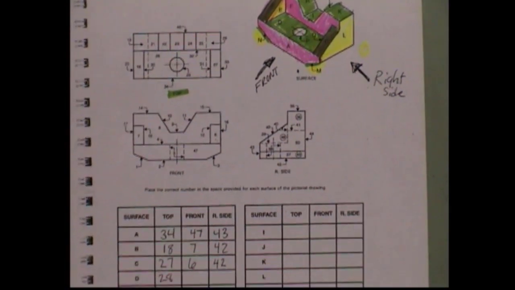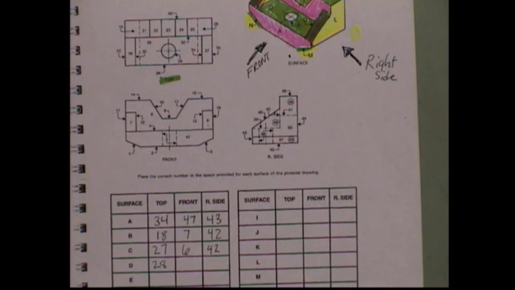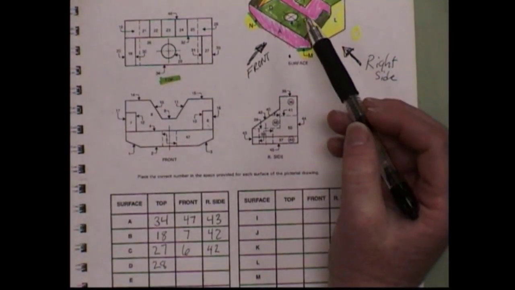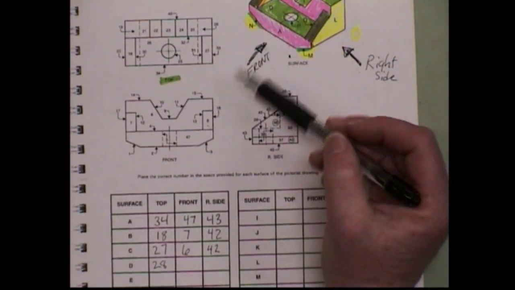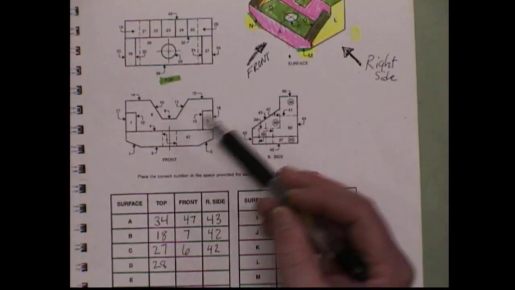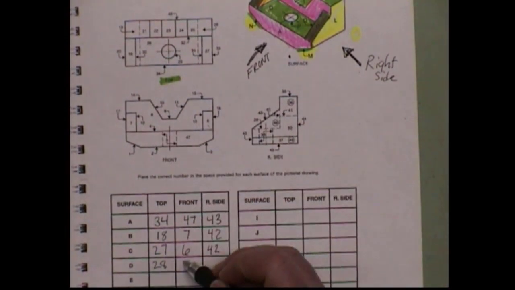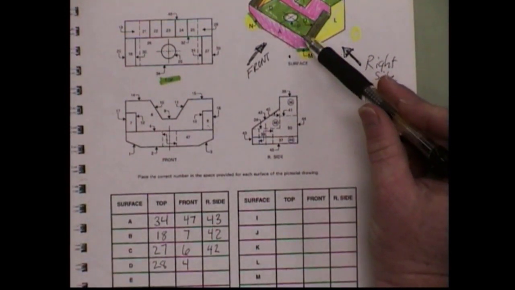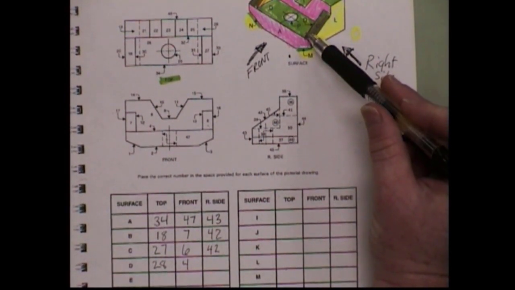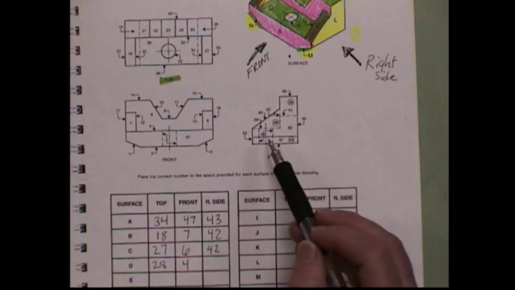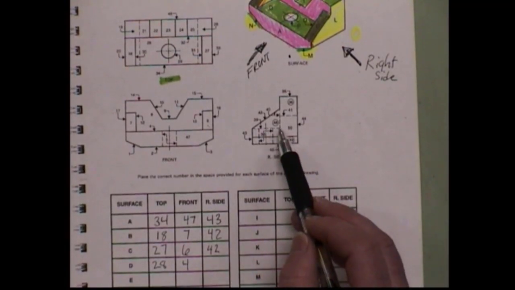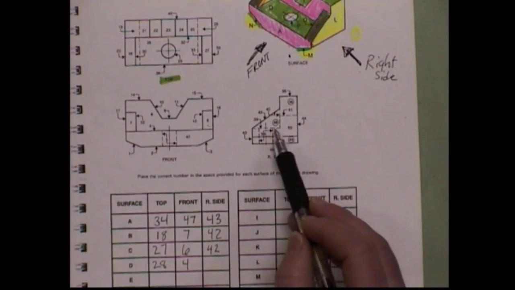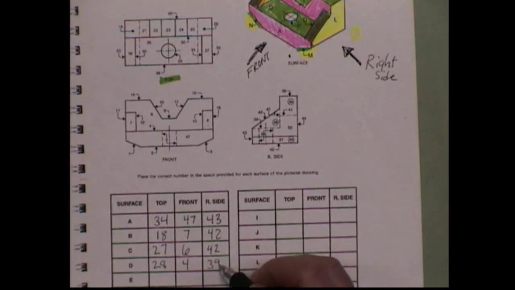Okay, and then D in the front view is what? 4. That's going to be 4 because it's going to appear as an edge. And it'll also appear as an edge in the right side view, but it's going to be hidden. So what would that edge look like? 39. It's going to be this hidden surface here, so it is going to be 39.